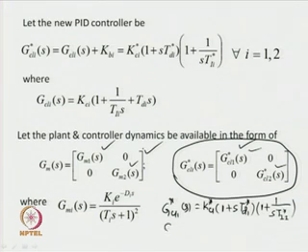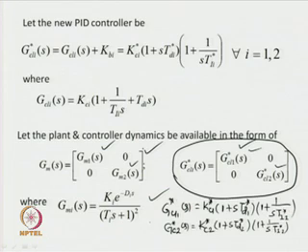Similarly, we can write the expression for GCL2 star as KC2 star times (1 plus s TD2 star) times (1 plus 1 upon s TI2 star). So, the form of the new PID controllers is written over here.